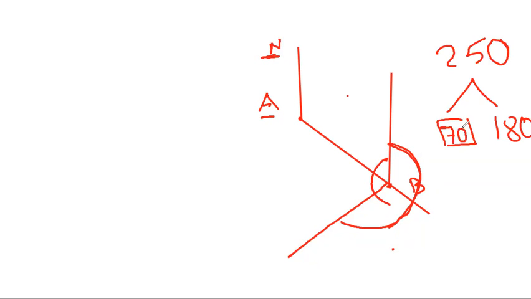So I'll draw 250 in two steps. The first step, I'll draw 180. And the second step, from the last line I made, I'll draw 70 degrees. Why? Because 180 plus 70 equal 250.